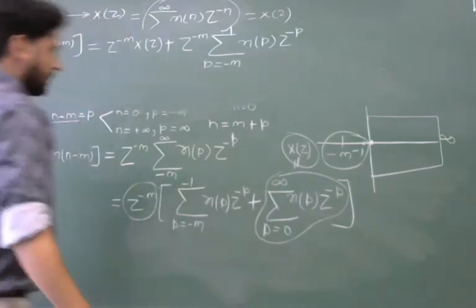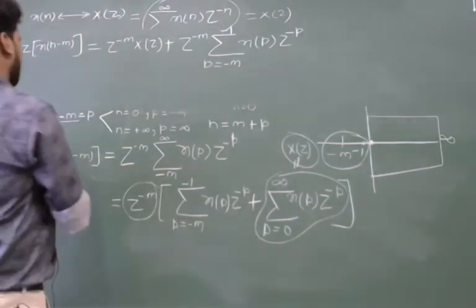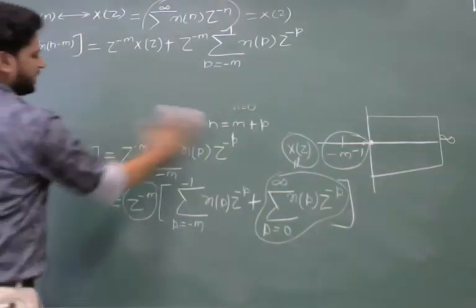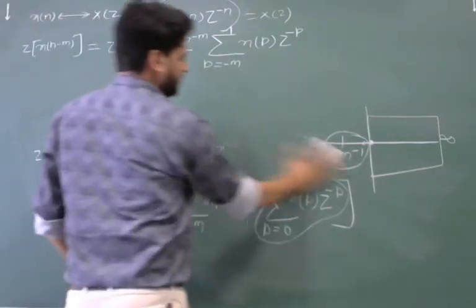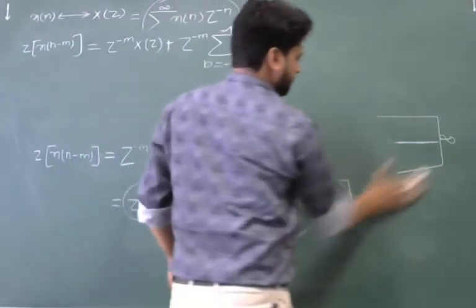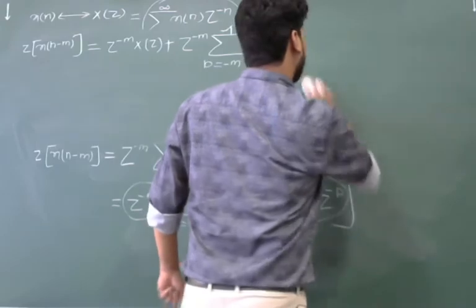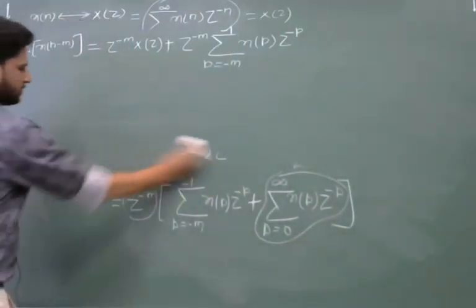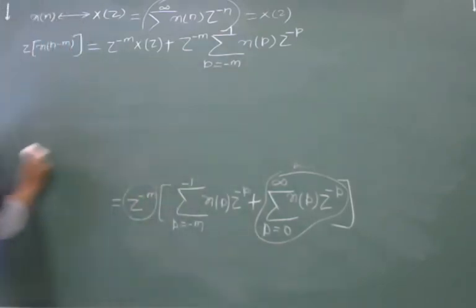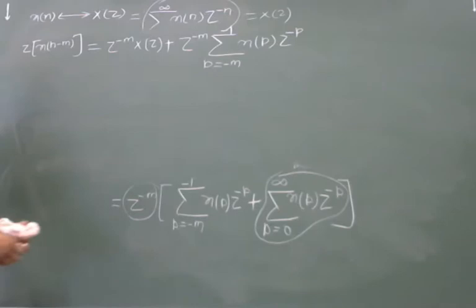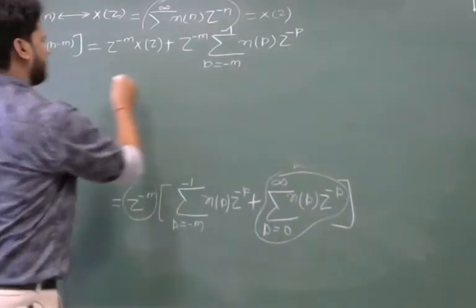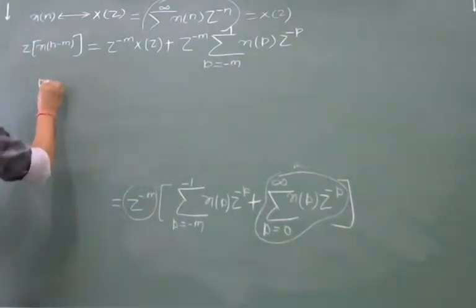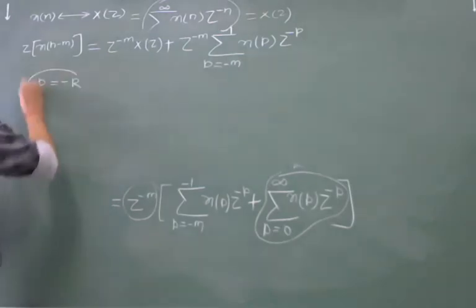Now replace this variable p with minus p, or you can take some other variable. Suppose p is equal to minus k here.